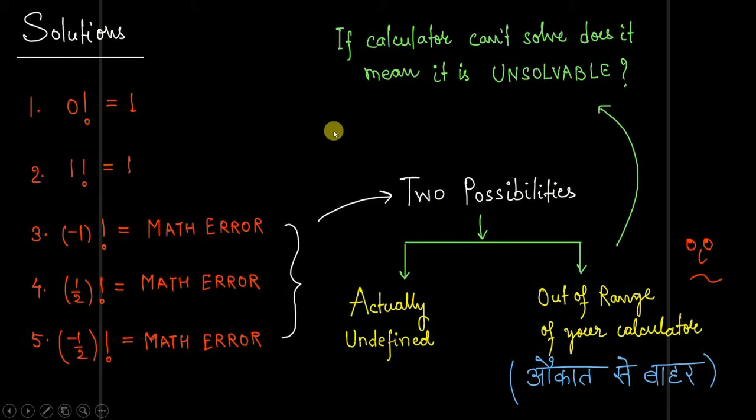One is undefined, meaning indeterminate, and the second means infinity. Infinity means which is very big, bigger than whatever you imagine. So if the number is out of the range of your calculator, if your calculator can't solve it, does it mean it is unsolvable? No, sometimes it is not.